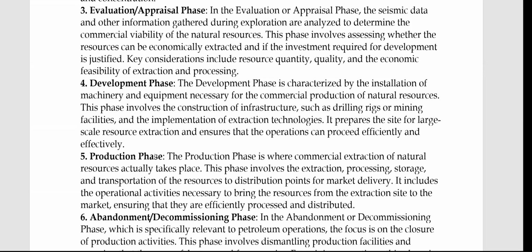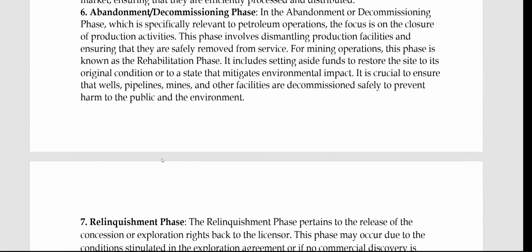Abandonment or decommissioning phase. In the abandonment or decommissioning phase, which is specifically relevant to petroleum operations, the focus is on the closure of production activities. This phase involves dismantling production facilities and ensuring that they are safely removed from service.